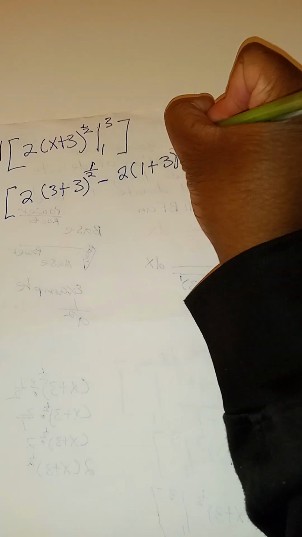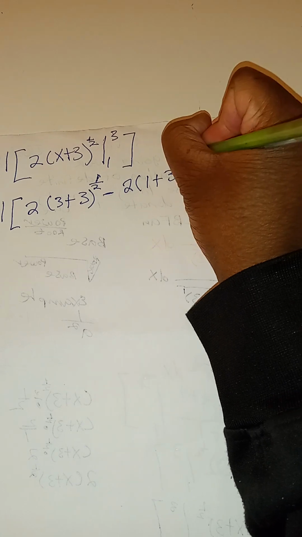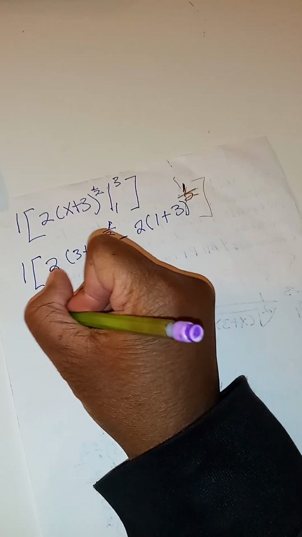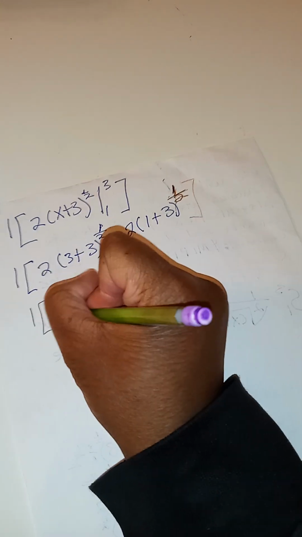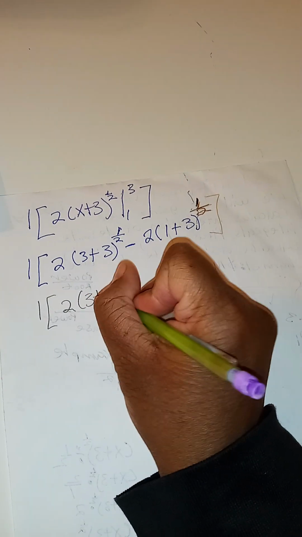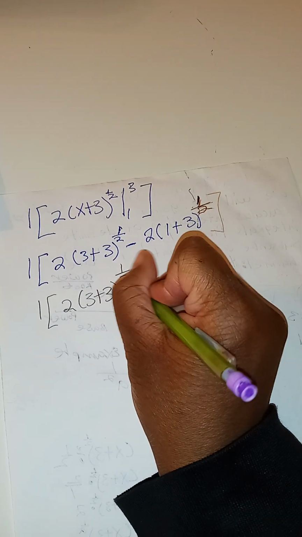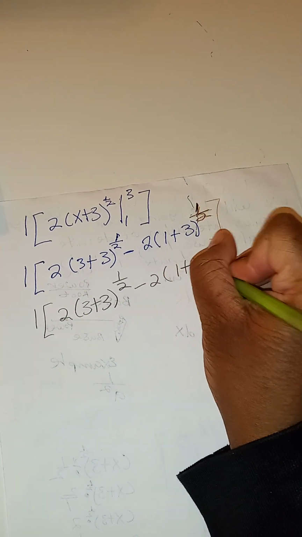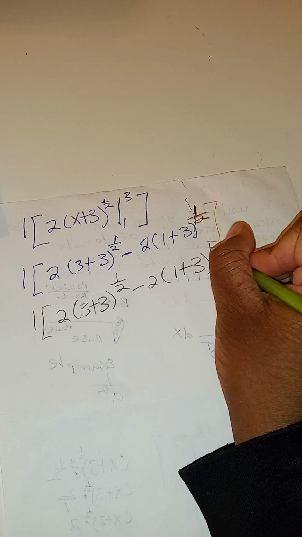And we will rewrite this as well. So 1 times 2 times 3 plus 3 to the 1/2 power minus 2 times 1 plus 3 to the 1/2 power.